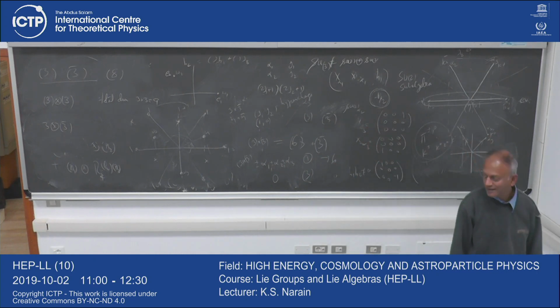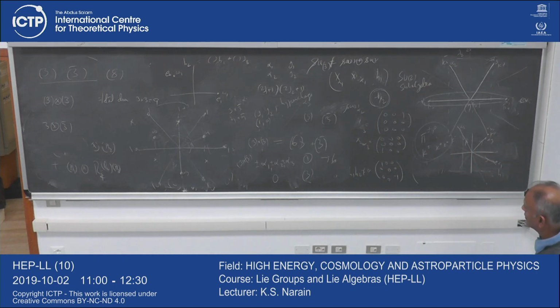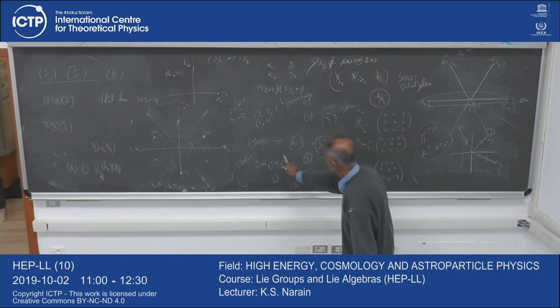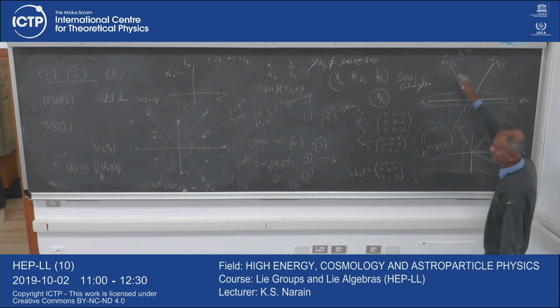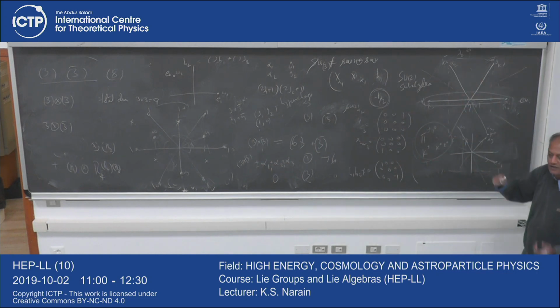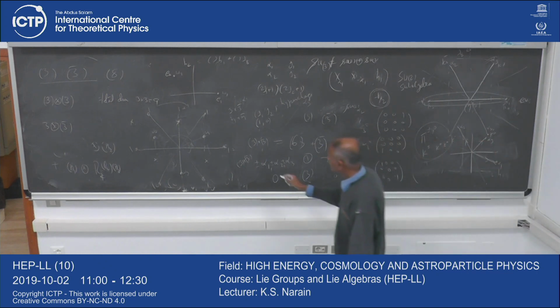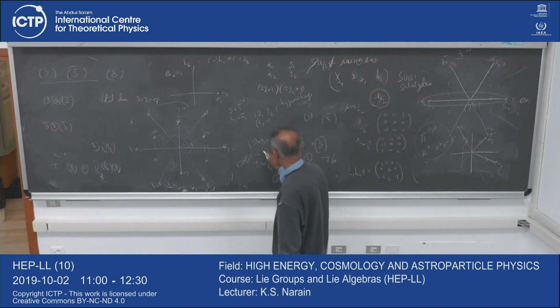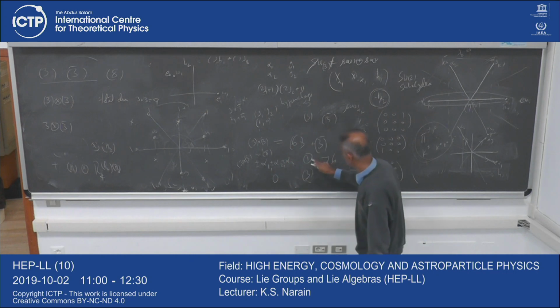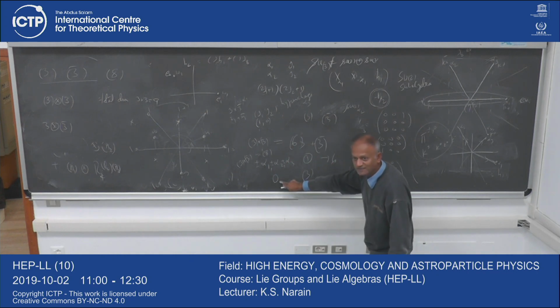So 9 altogether. Now, if you look at here, these weights are exactly the roots of the adjoint representation. So you're certainly going to get an adjoint representation. So 3 with 3 bar will certainly contain an 8, but this 8 has these non-zero roots plus 2 of the 0 roots, because the Cartan subalgebra is 2-dimensional.